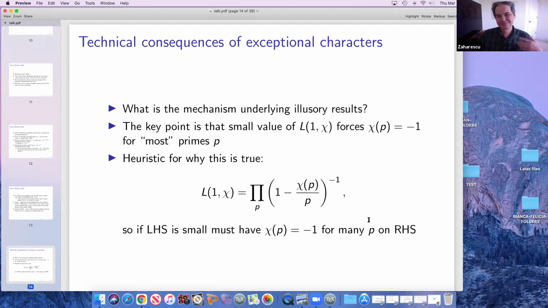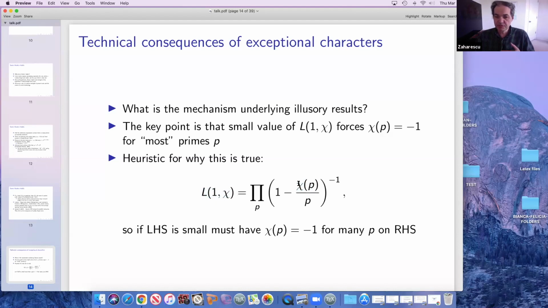Very quickly, one can ask about the mechanism underlying such results. As I mentioned, think about L(1, chi) as a product, an infinite product, or just approximate it by a finite product. Now, if we want this L(1, chi) to be small, then, as I said earlier, lots of p's are such that chi(p) is -1.